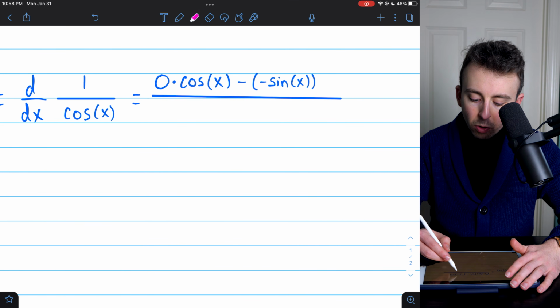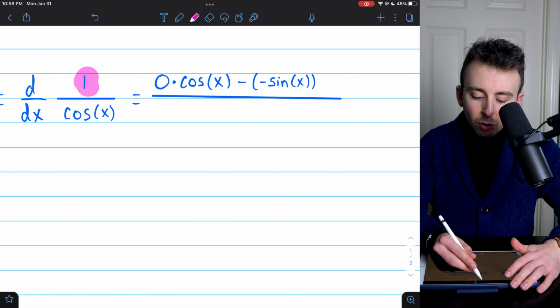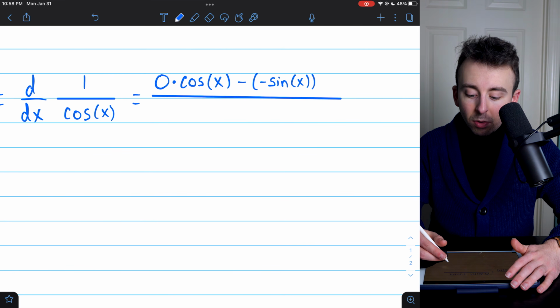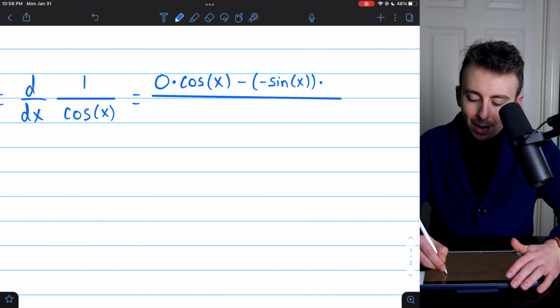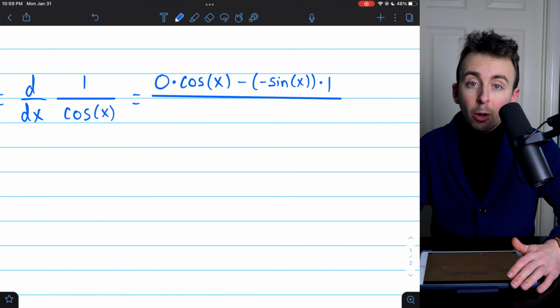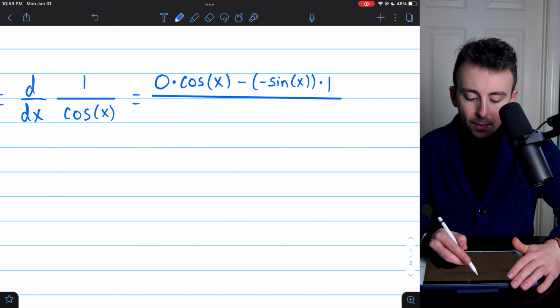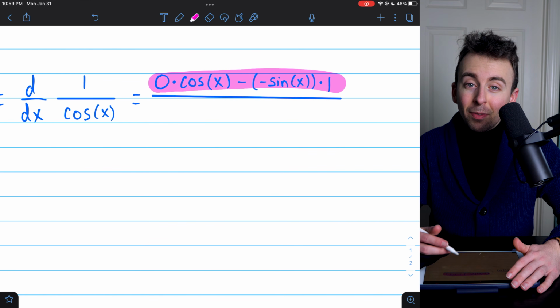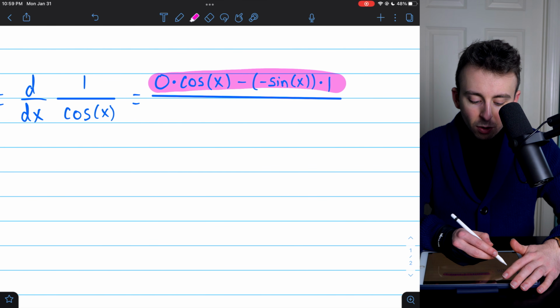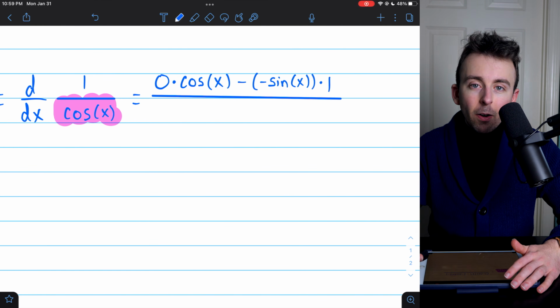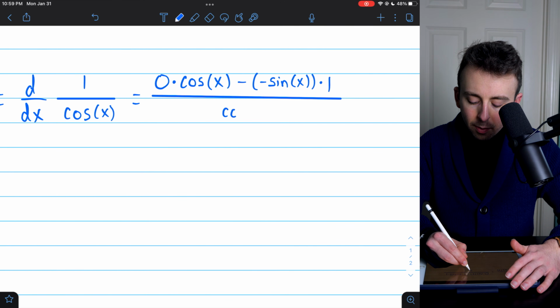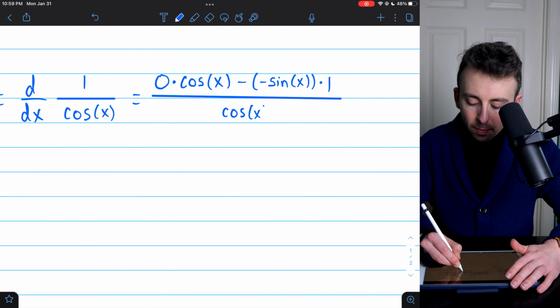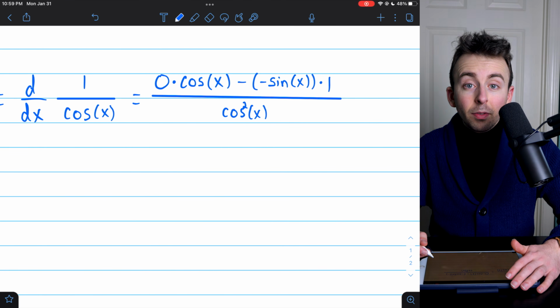We just wrote g prime. F is 1, so we could choose to leave it out, but just to try to make this work as clear as possible, I'll write that times 1 as well. That's it. That's f prime g minus g prime f, so we're almost done. Just got to divide by g squared, so cosine of x squared. And we are off to the races.